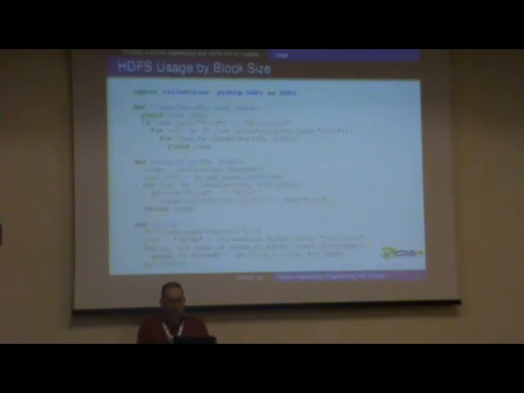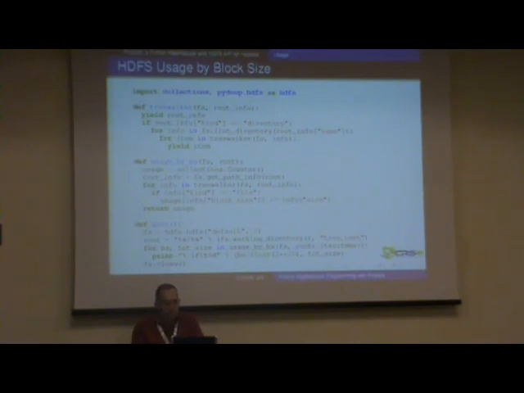This is an example of how you would use the HDFS module to compute some statistics on HDFS usage by block size. The block size is a property of each file, which is simply the size of data blocks. By default, the block size is 64 megabytes. It's much more than an ordinary file system for performance reasons.